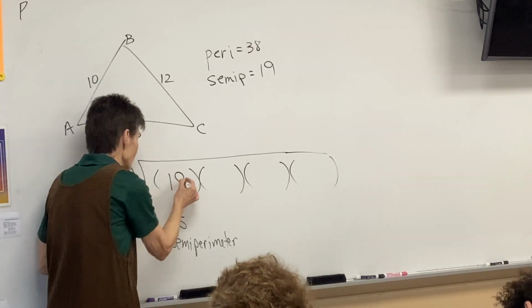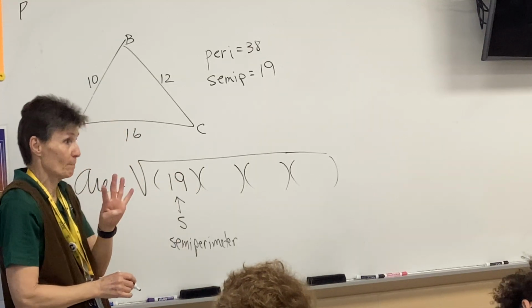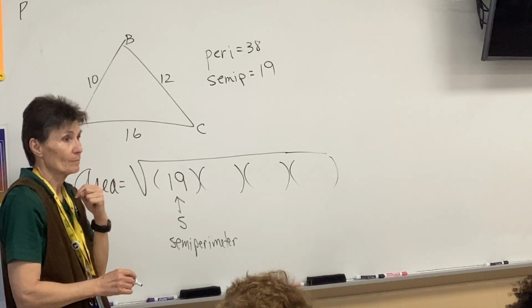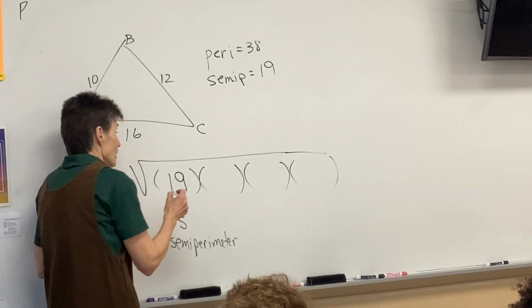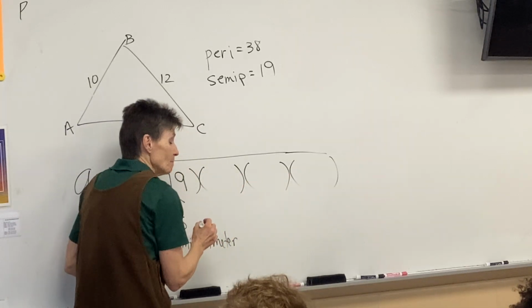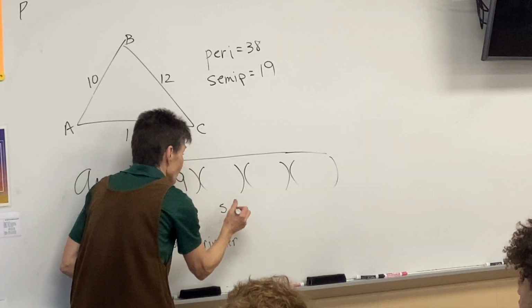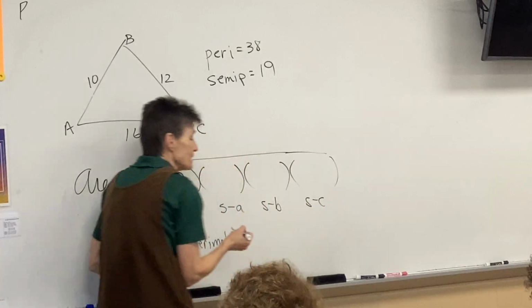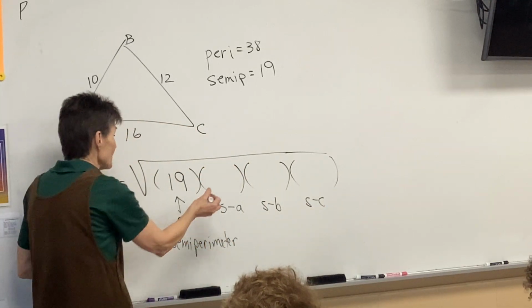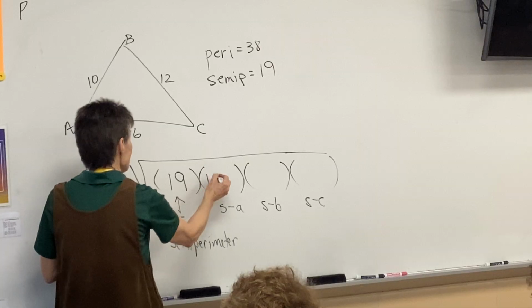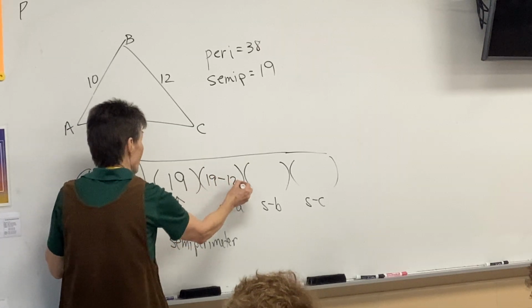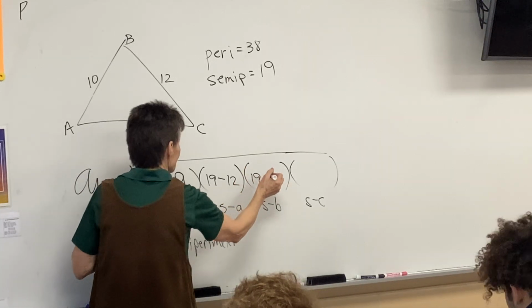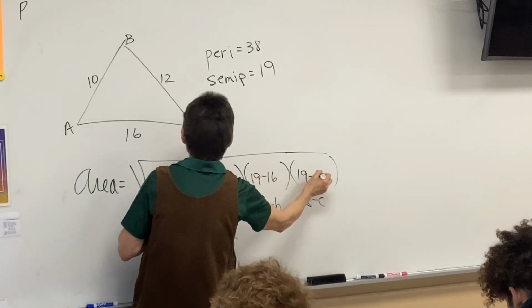That's the first number that goes under your radical. Remember, there are 4 numbers under the radical. The first one is the semi-perimeter. The other 3 are the semi-perimeter minus each side. So I'll call the sides A, B, and C. This one is going to be 19 minus 12, 19 minus 16, and 19 minus 10.